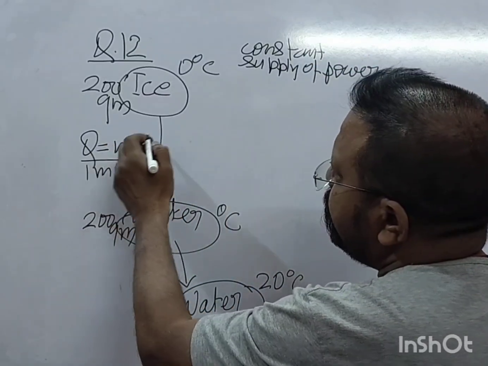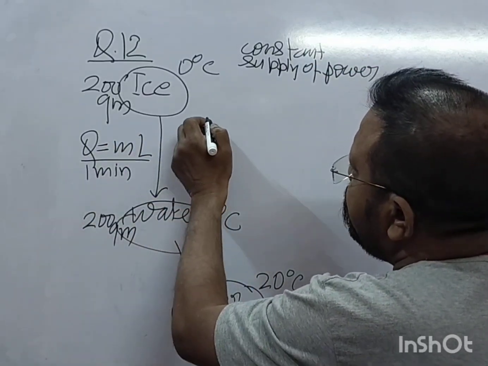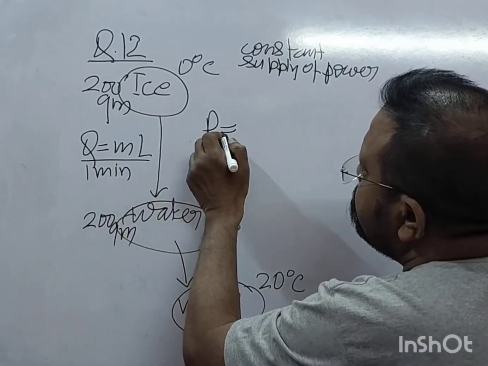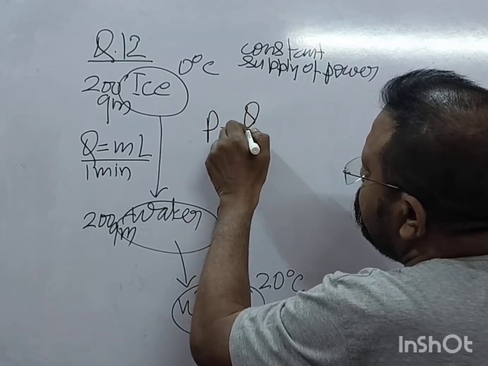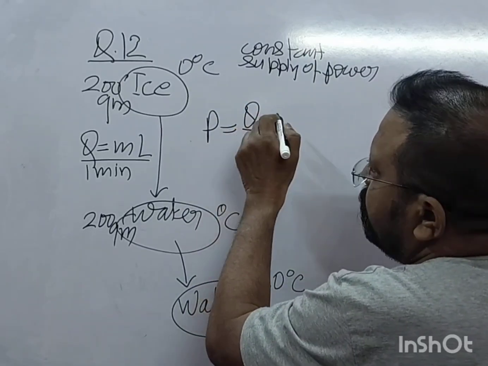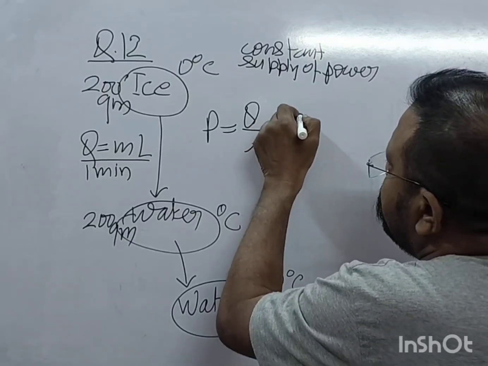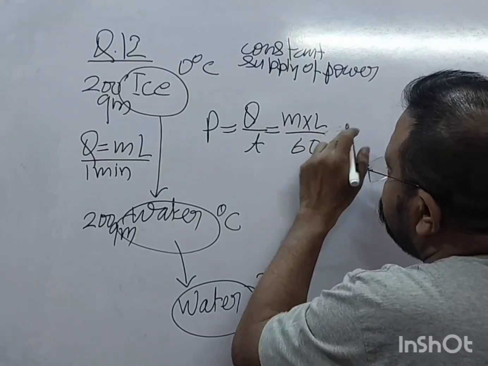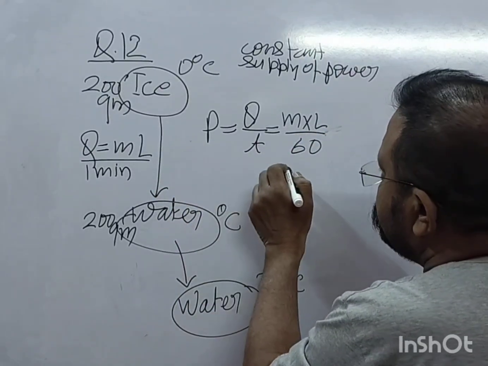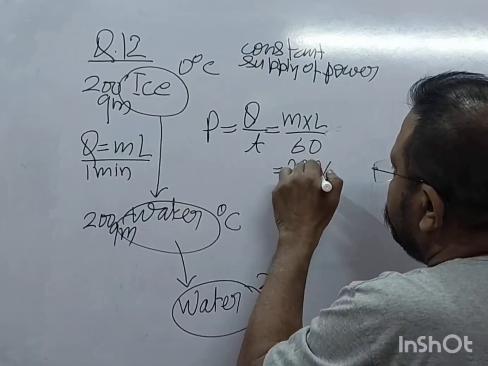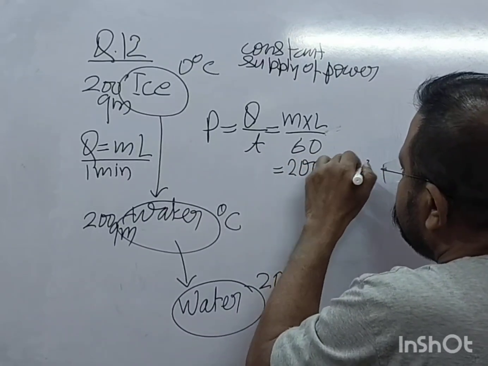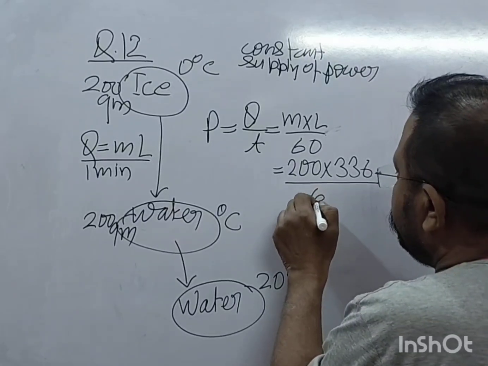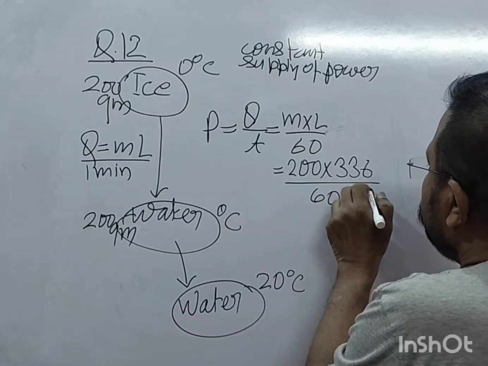So for this phase P is equal to Q upon T, and that is M into L upon 60. So you can write here 200 into 336 joule upon 60 seconds.